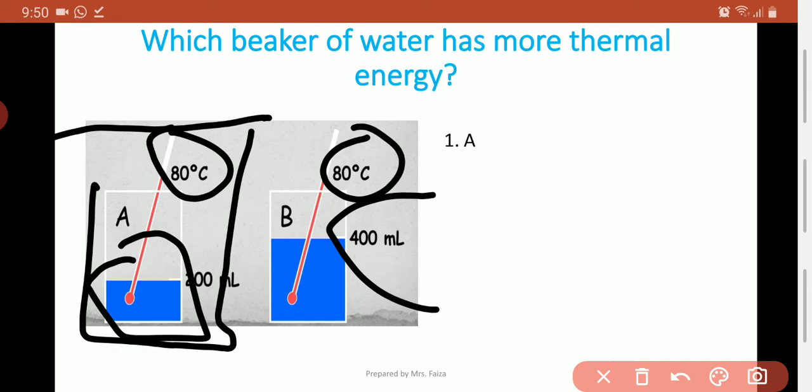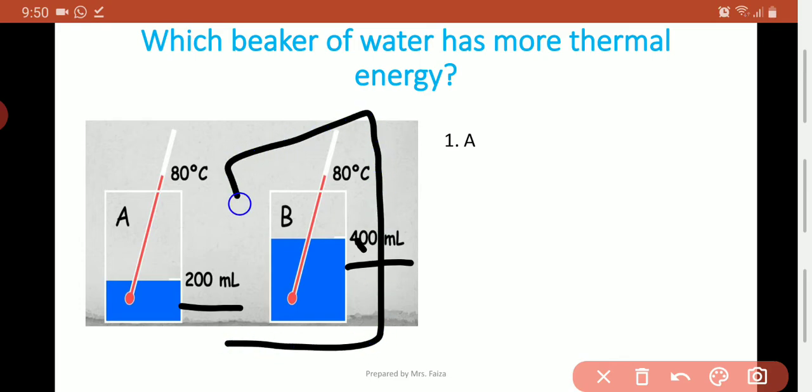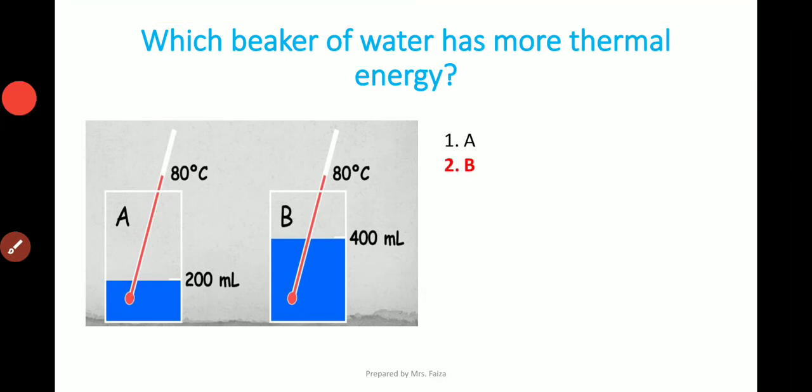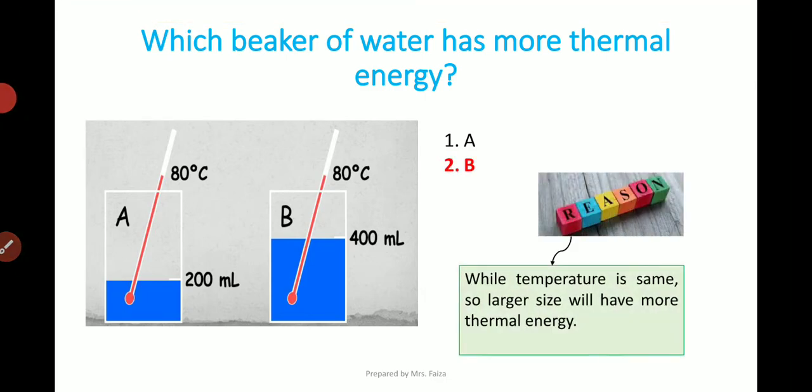Mass is different. Look, mass is 400, 200. Who's greater? Beaker B. Reasons: while temperature is the same, the larger size will have more thermal energy. You saw it, the same state of matter, the same temperature, but the difference is mass.